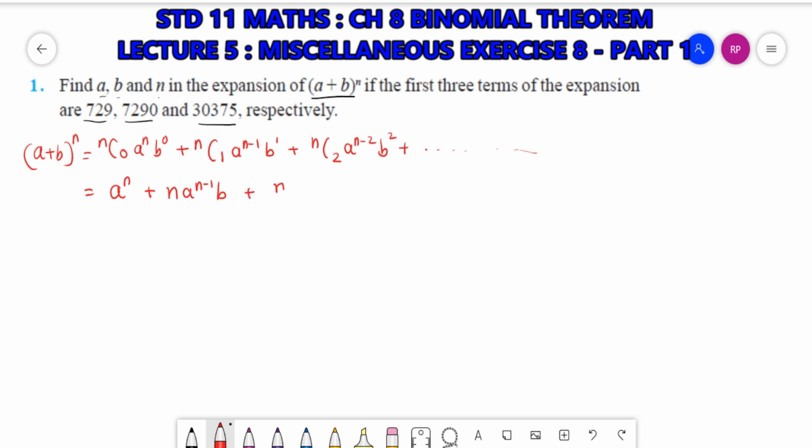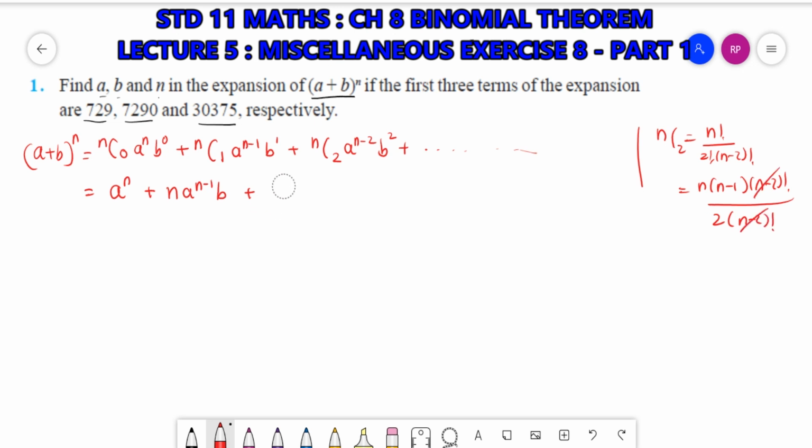nC2 will be n factorial upon 2 factorial n minus 2 factorial. So n into n minus 1 into n minus 2 factorial upon 2 factorial, which is 2, and n minus 2 factorial, so this will get cancelled.